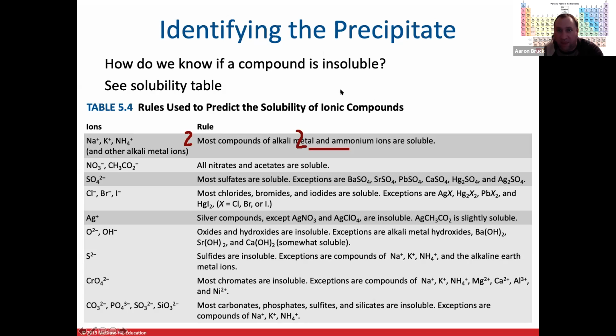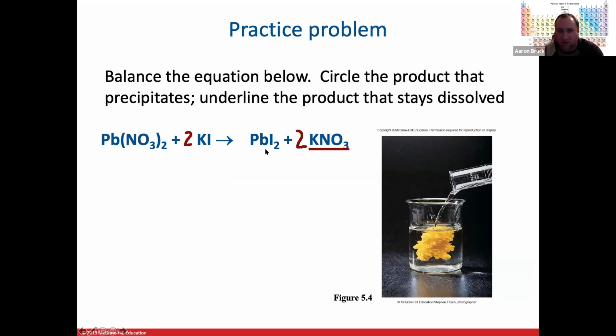Well, lead is one of the ones that we are looking at. We're looking at lead 2 iodide. This would be one of those exceptions. So this must be our insoluble product. This is the one that is precipitate. Any questions about this example?